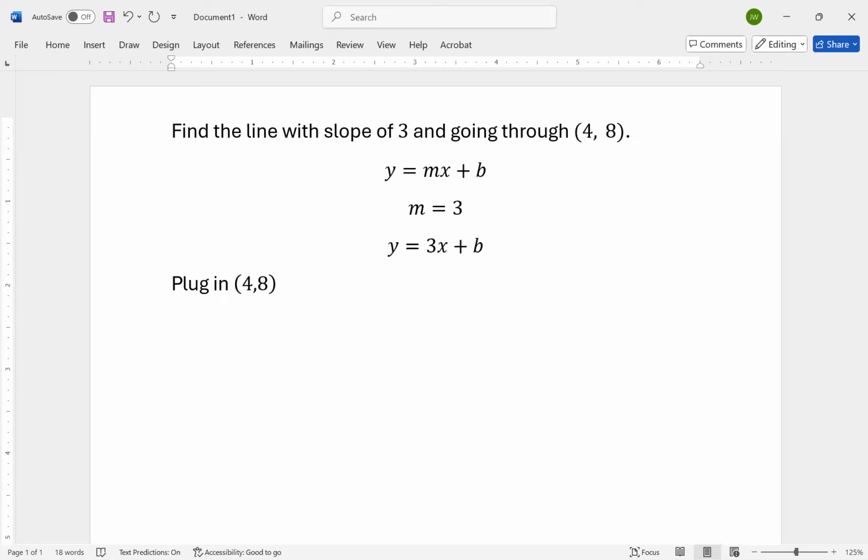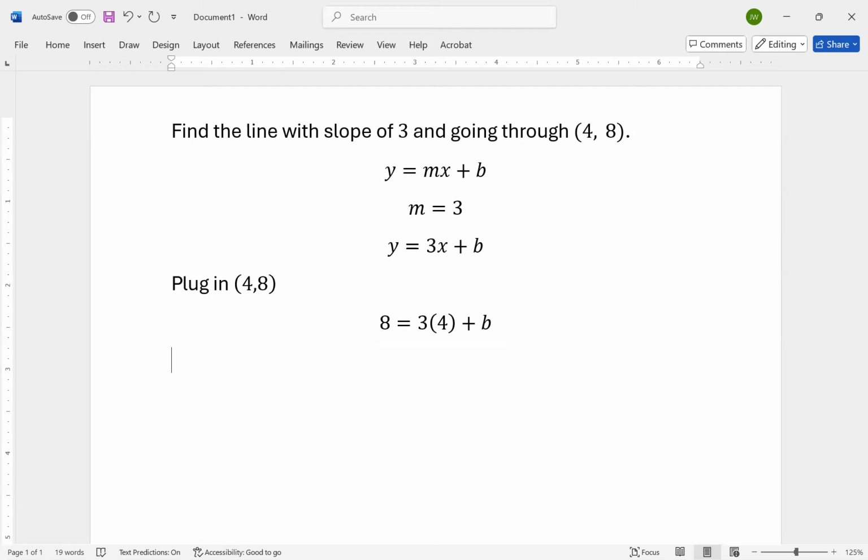When I plug in 4, 8, be careful that you plug in the 8 into the y value and the 4 into the x value. Since it's a true statement, I know these two sides are going to be equal, and therefore I can solve this equation for b.